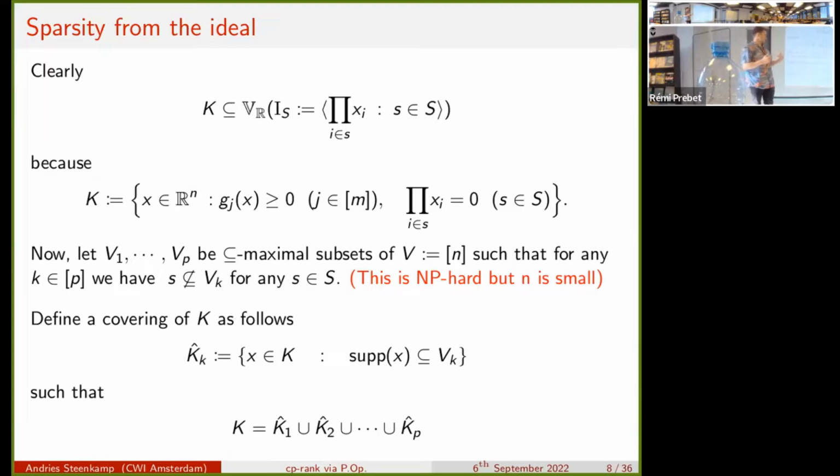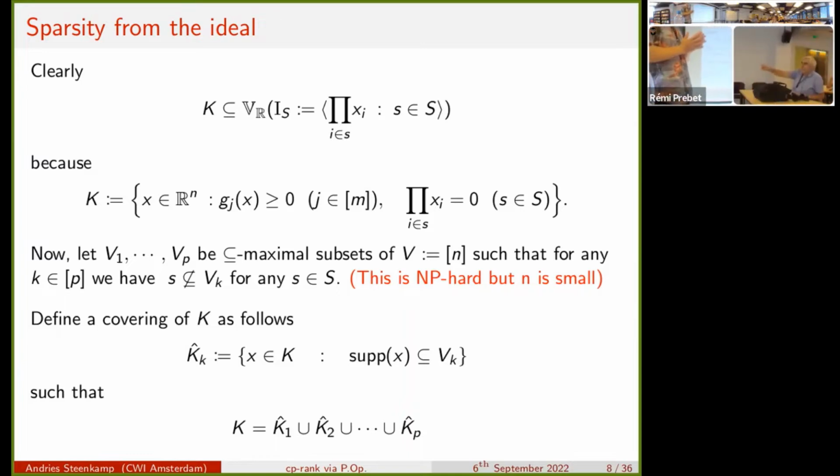And then using these maximal subsets, you can define a covering of K as follows. K_k hat is equal to all x in K such that the support of x is contained in V_k. Notice this is now a lower dimensional part because the support of x cannot be full. It's constrained to V_k. So K is now a union of these.